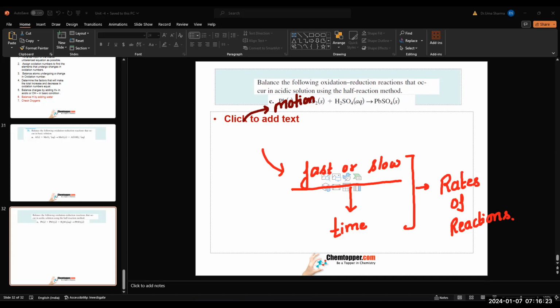So it's a very important topic and is going to be part of unit 6 also. So unit 5, some part like activation energy, is there in unit 6 also. So kinetics means how fast or slow a reaction is. When I say fast and slow, it means I'm talking about time, which I'm going to measure during a chemical reaction as the rate of a reaction.